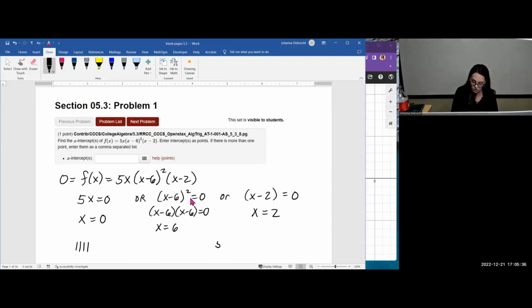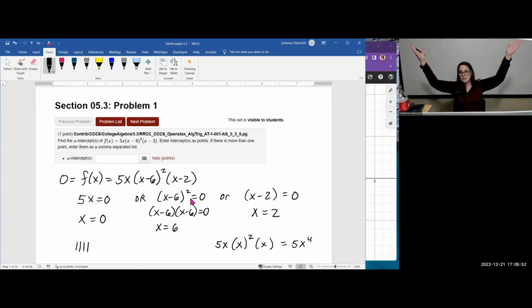Take the highest degree term in each factor, so 5x times x being raised to the second power times another x. Well, that would give me 5x to the 4th. So I know it's got to look like this on the ends where it's going up on both sides, but it probably has some wiggling in the middle because I've got 4 different x-intercepts, which corresponds to the degree 4. So this one doesn't have any imaginary complex solutions.